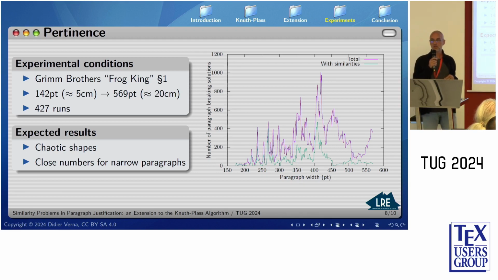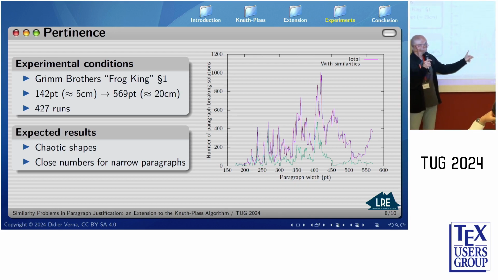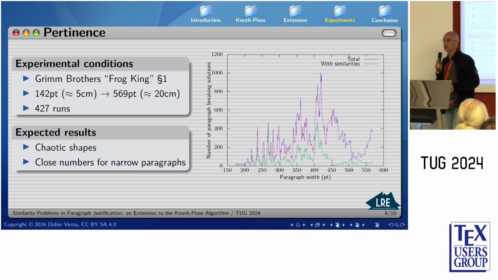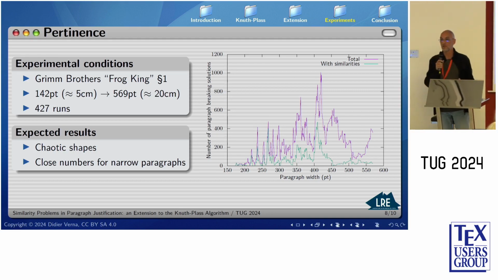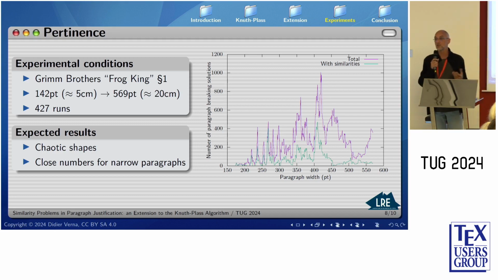The second thing, which is also to be expected, is that the curves are very close to each other for smaller paragraph widths. This is simply explained by the fact, again very notorious, that for very narrow paragraphs, you don't have a lot of possible solutions anyway. So it's not a surprise that with an extremely small number of solutions, whether there is a similarity or not is not going to change the difference between the two, okay?